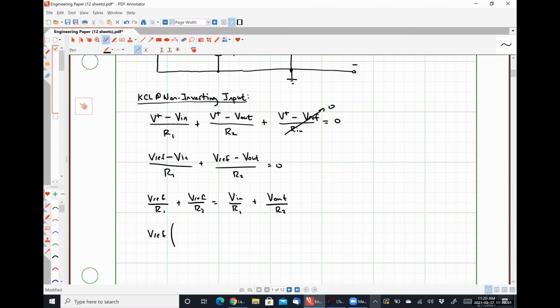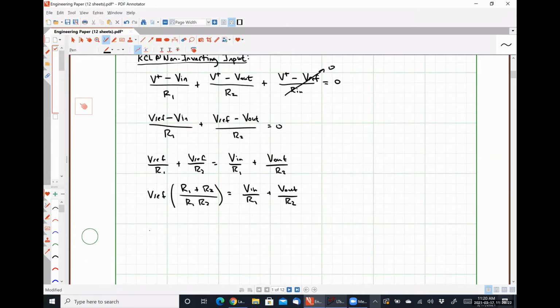So that's going to look like R1 plus R2 over R1 multiplied by R2 is equal to Vn over R1 plus Vout over R2, which finally leads me to Vref is equal to Vn times R2 over R1 plus R2 plus Vout times R1 over R1 plus R2.